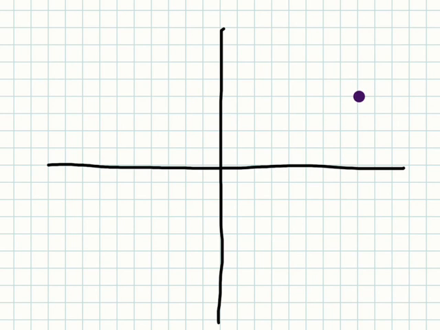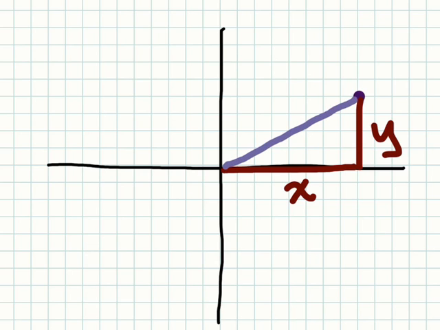So I want to explore the relationship between polar coordinates and Cartesian coordinates quickly. Here's a point. The x-coordinate tells you how far along the horizon you move. The y-coordinate tells you how far along the vertical direction you move. R, we decided, was the distance from the origin to this point, and theta is that angle that we swing around.